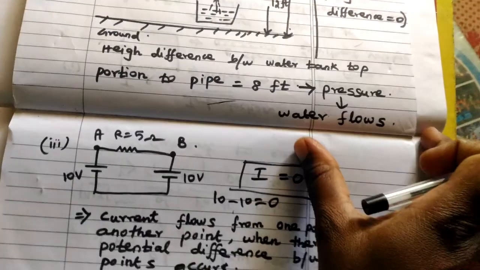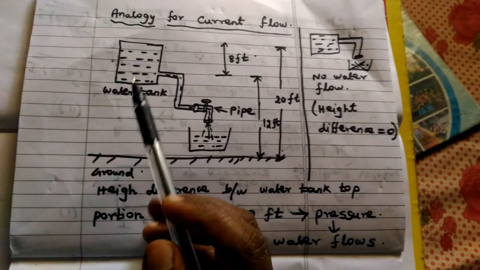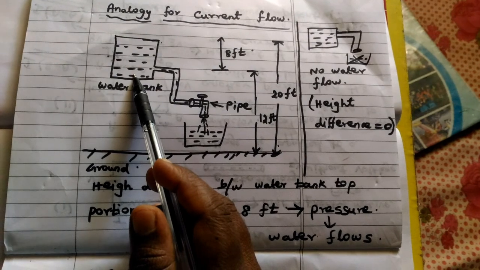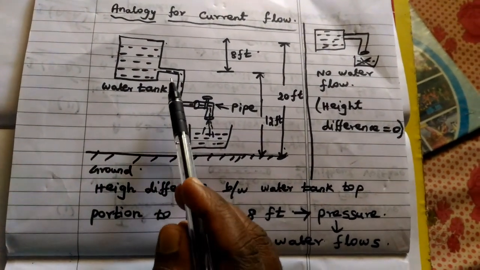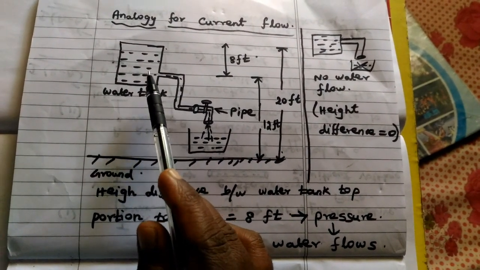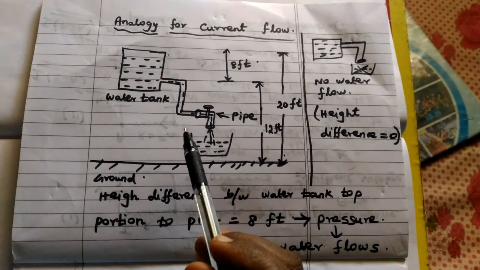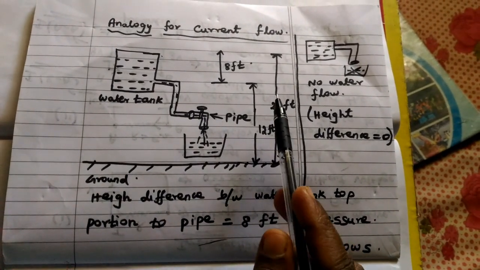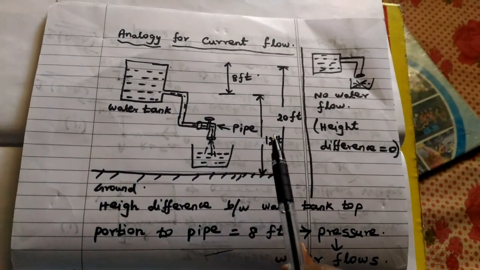To explain the current flow, I am taking one analogy. Take a water tank that is full of water. We want to transfer the water from the tank to this container on the ground by means of this pipe. We connect the pipe at the bottom portion of the tank so that the water in the tank is transferred to the container through this pipe. Here the height of the tank from the ground is 20 feet and the height of the pipe from the ground is 12 feet.